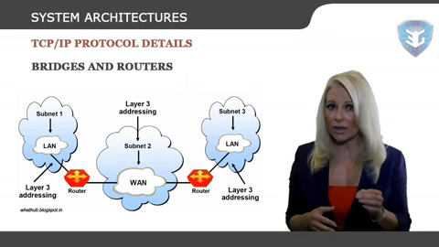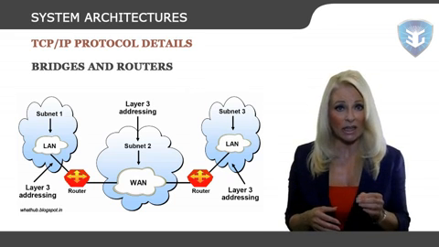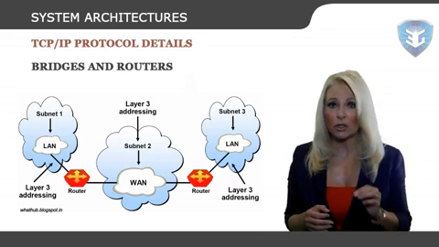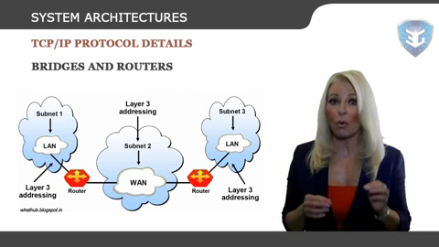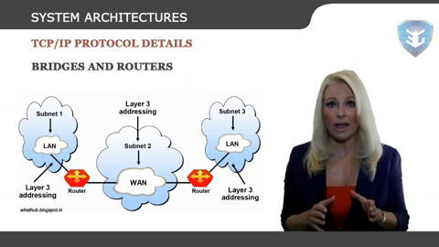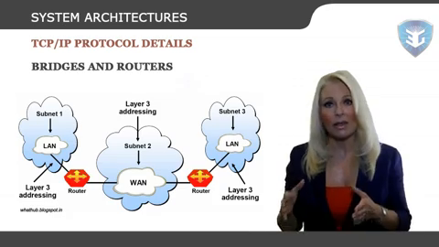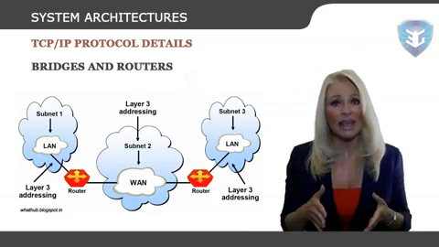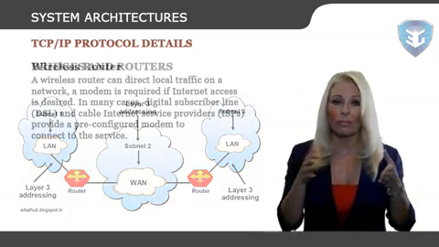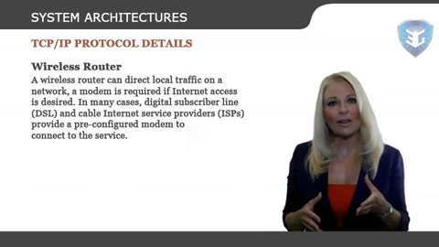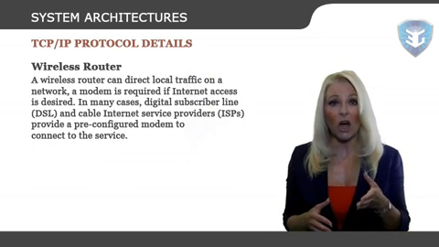Although they can transform information at the data link level, routers cannot transform information from one data format such as TCP/IP to another such as IPX/SPX. Wireless router. A wireless router can direct local traffic on a network.